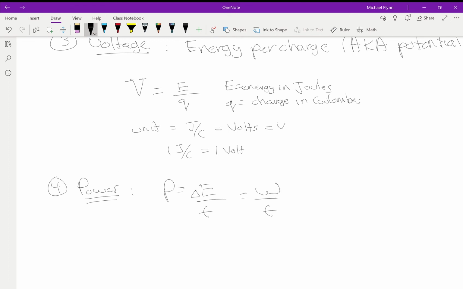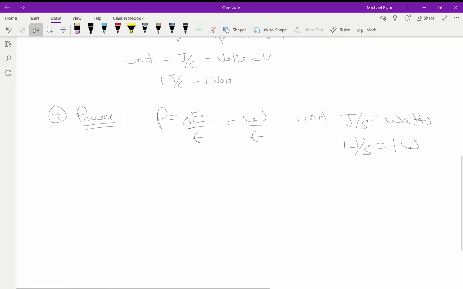Remember how we did work was equal to the change in energy, so it's work over time. Its unit is joules per second, which you know as watts, right? So 1 joule per second equals 1 watt. All right, so that's power. We already know power. It's all good.